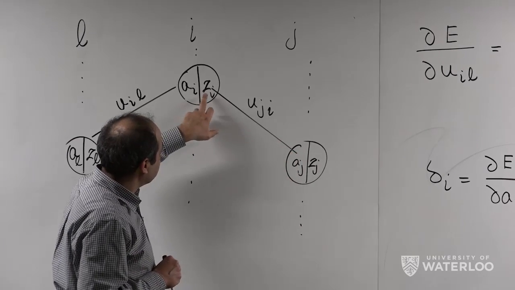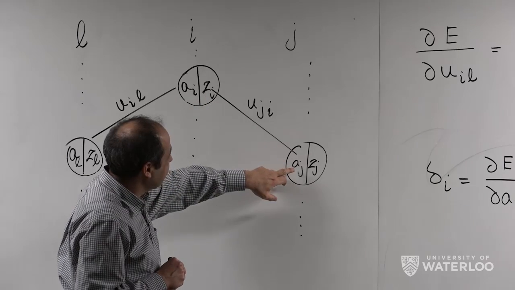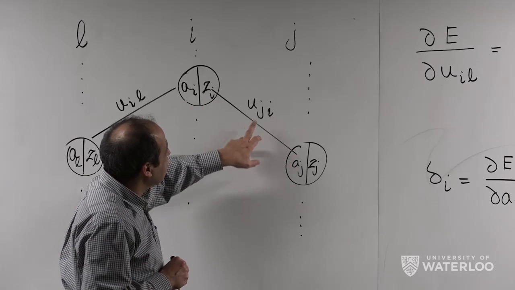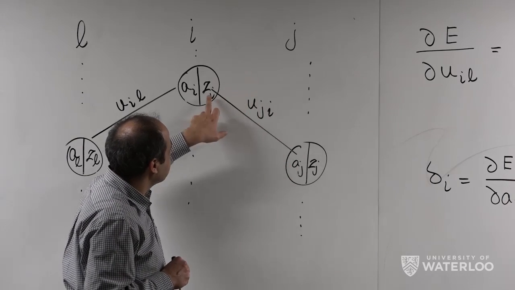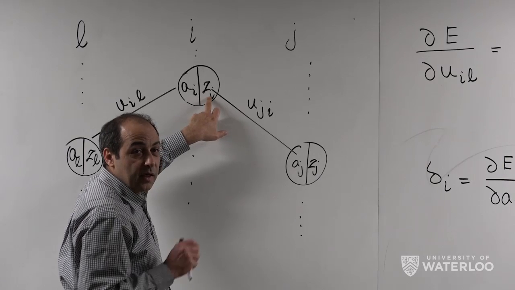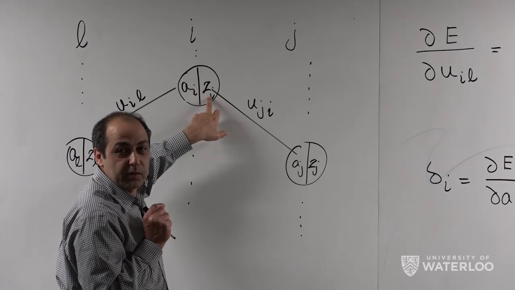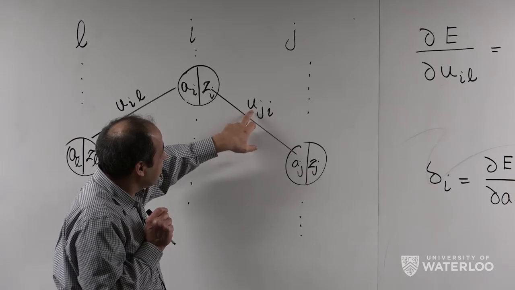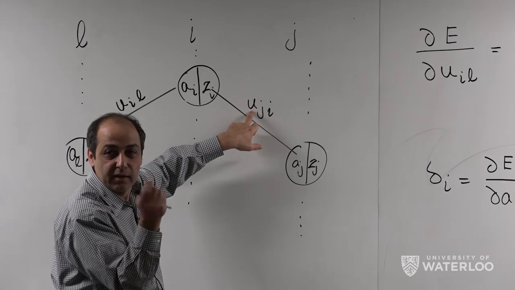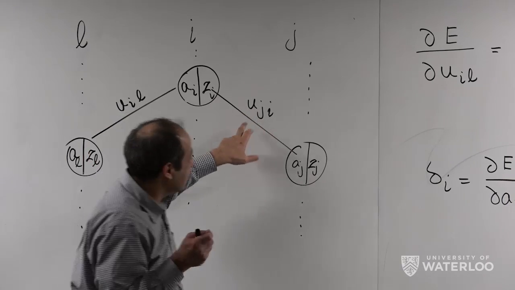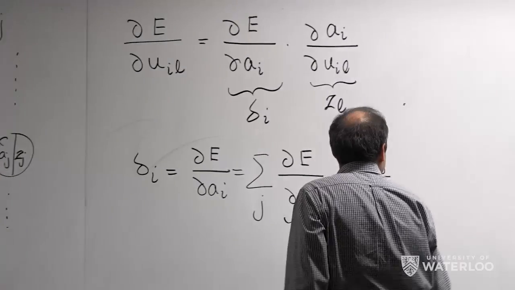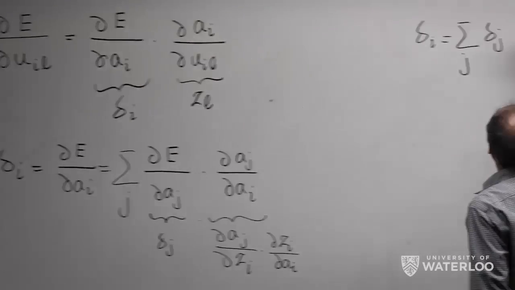The value of AJ is a linear combination of all of these weights times all of these outputs. So I'm perturbing one of these outputs, so it will change by the value of this weight, right? So it's UJI. So this term is UJI.